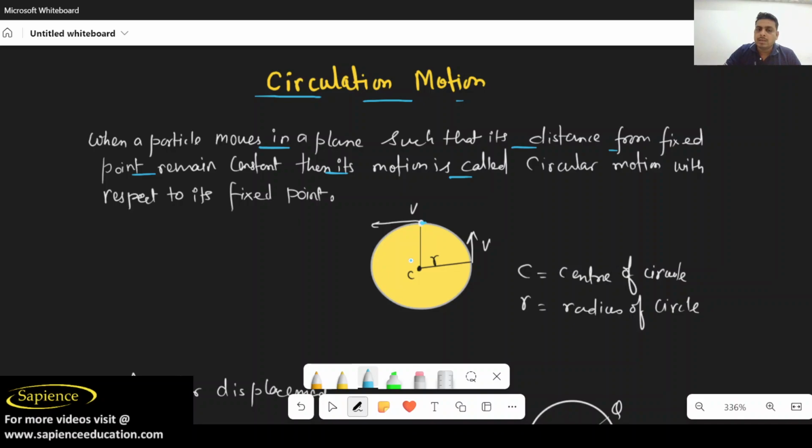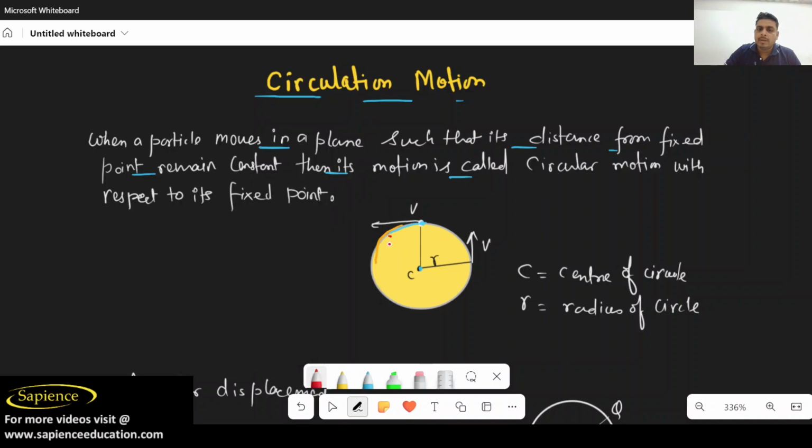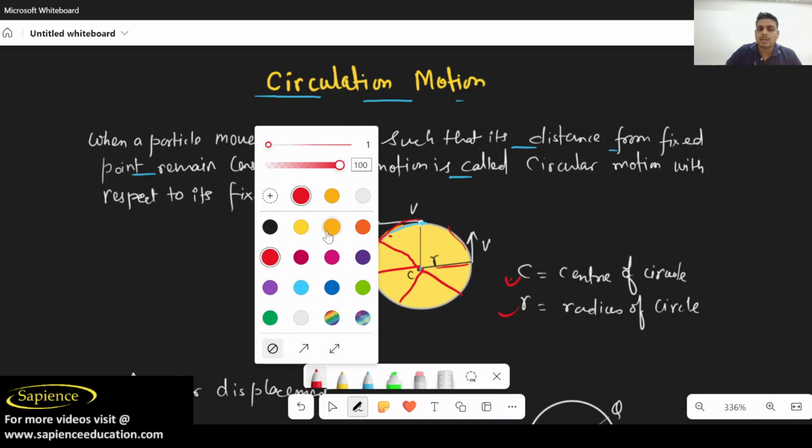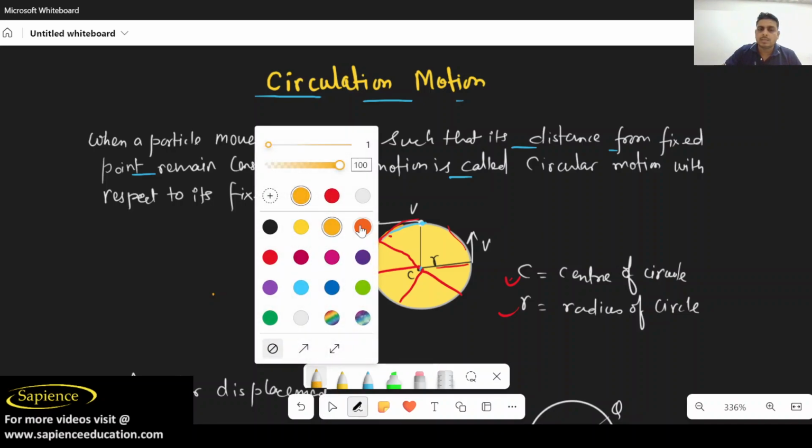For example, see here, with respect to the fixed point, when this object is moving, every time there is an equal distance, and this locus is known as a circle. Let C be considered as the center, and R is the radius of the circle. I hope you have understood. R is the radius of the circle, right?